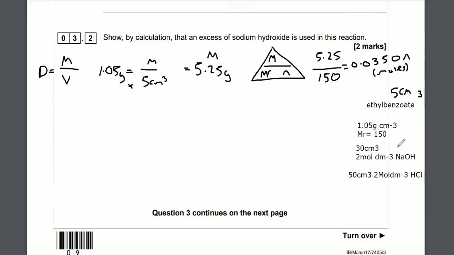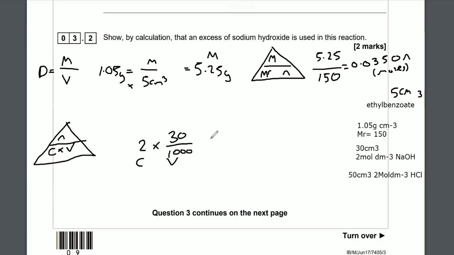We now want to prove that sodium hydroxide was in excess. So we use n equals c times V, because this time we've been given volume and concentration. We've got 30 cm³, but remember in A-level chemistry you've got to divide by 1,000 to turn cm³ into dm³. So 2 times 0.03 dm³ gives 0.06 moles.